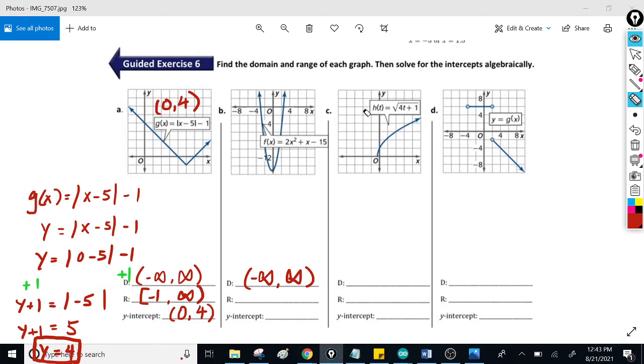So that means you're probably going to have to solve it algebraically. You have to solve the equation. So let's see. The lowest point of this graph is going to be right here, a little bit off.